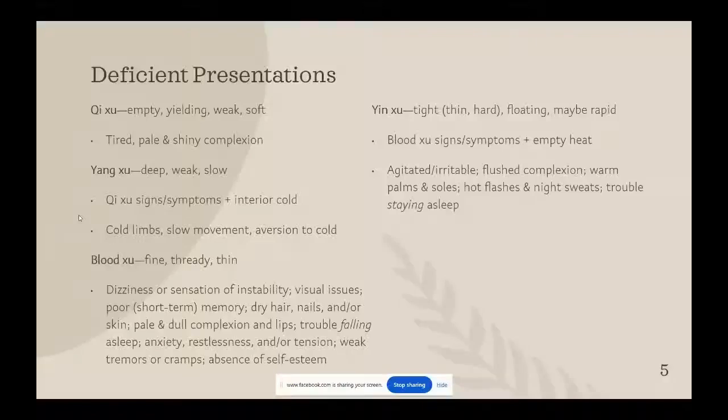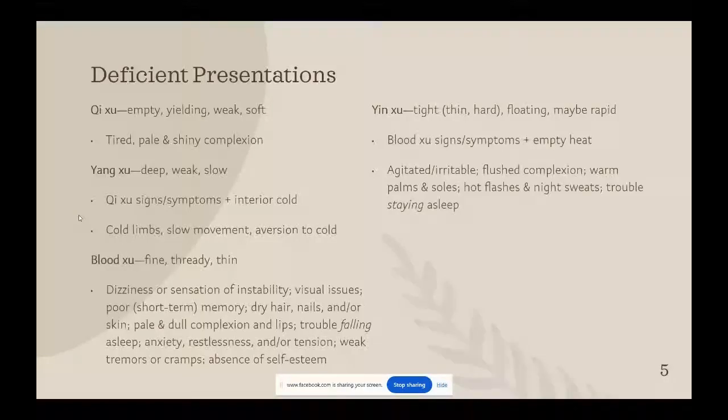Those are all indicative of blood deficiency, as well as visual issues like poor eyesight or floaters in the eyes, and poor short-term memory, like we were talking about in the first class. The blood is really linked to our consciousness, and the heart, which pumps the blood, of course, is in particular linked with our short-term memory.